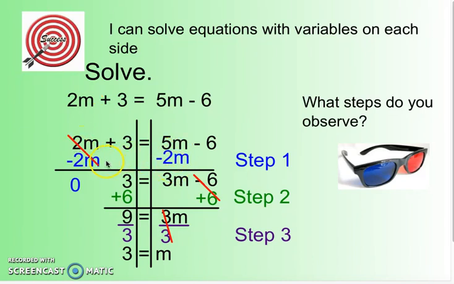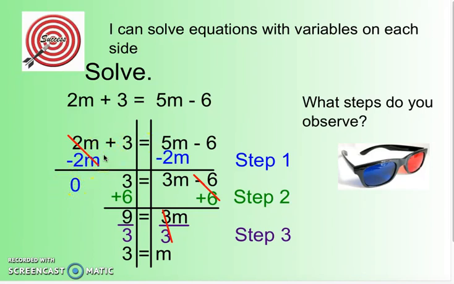What is going on here? Why is the 2m written on both sides of the equation? And why is it being subtracted? You're absolutely right. Basically, do you notice that this is a positive 2m, like there's nothing in front of it? And then notice if I subtract 2m from it, well, 2 minus 2 is 0.